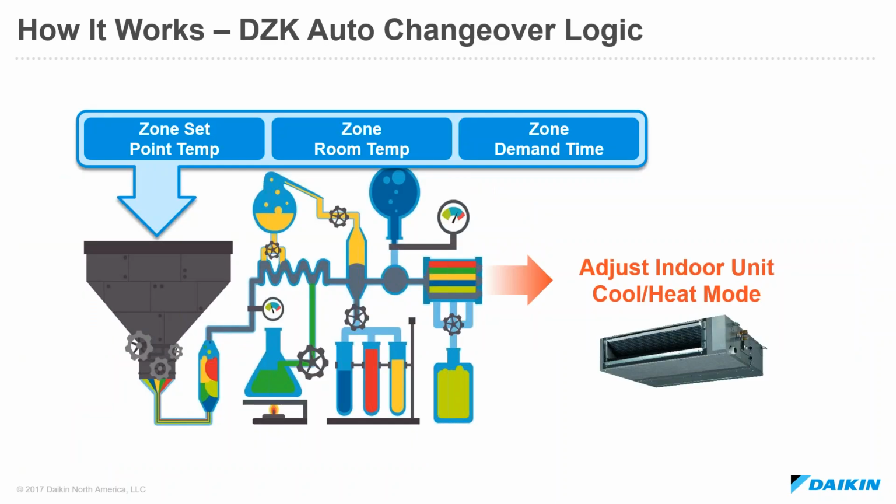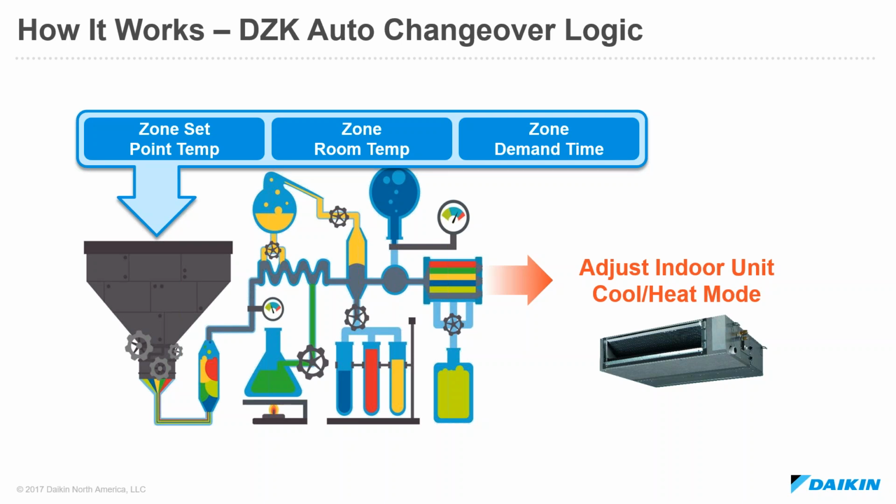So the auto changeover logic within the DZK is a bit of a black box. Essentially, each of the outlets will have some parameters that are captured by the DZK internal logic, and that mainly consists of that zone's set point temperature, the current room temperature of that zone, and the demand time that that zone has been in either cooling or heating demand.